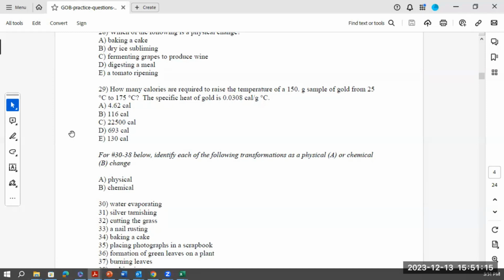The specific heat of gold is 0.0308 cal per gram degree Celsius. What do you guys think the equation is? Yeah, remember it?